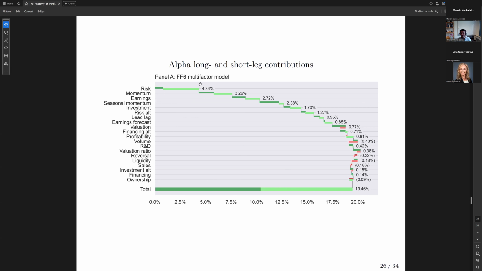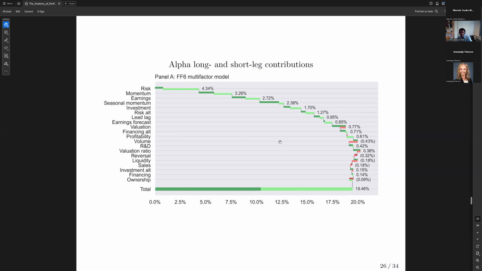But when you look at risk, the most important set of predictors in terms of positive contribution to alpha, you can see that it's actually the short leg of the portfolio having the largest contribution. The same for momentum. You can also see that there are some predictors for which the long leg has a positive contribution, but the short leg is actually detrimental.